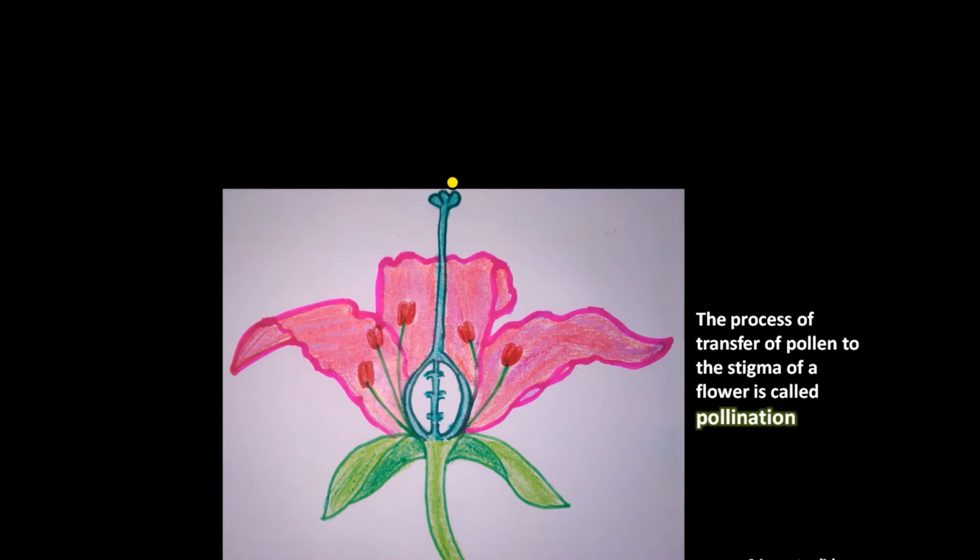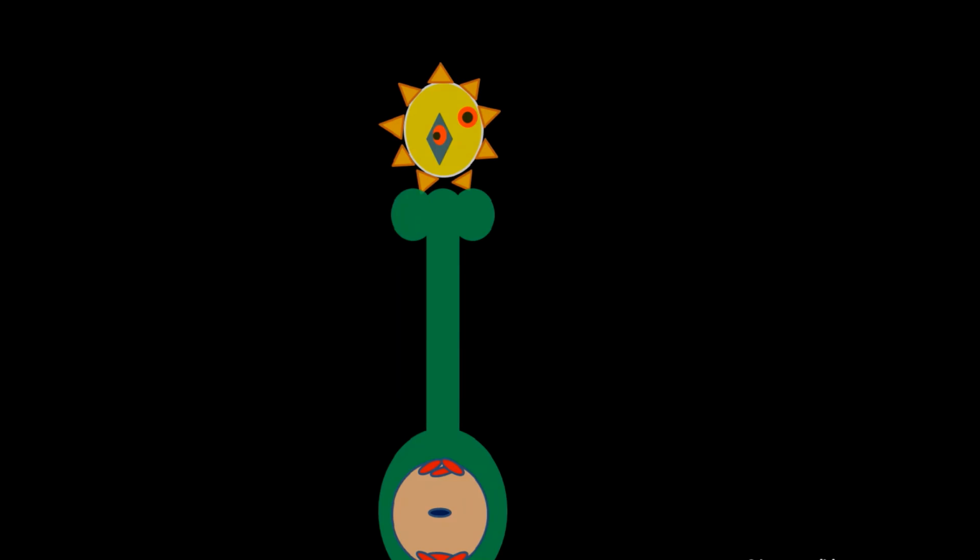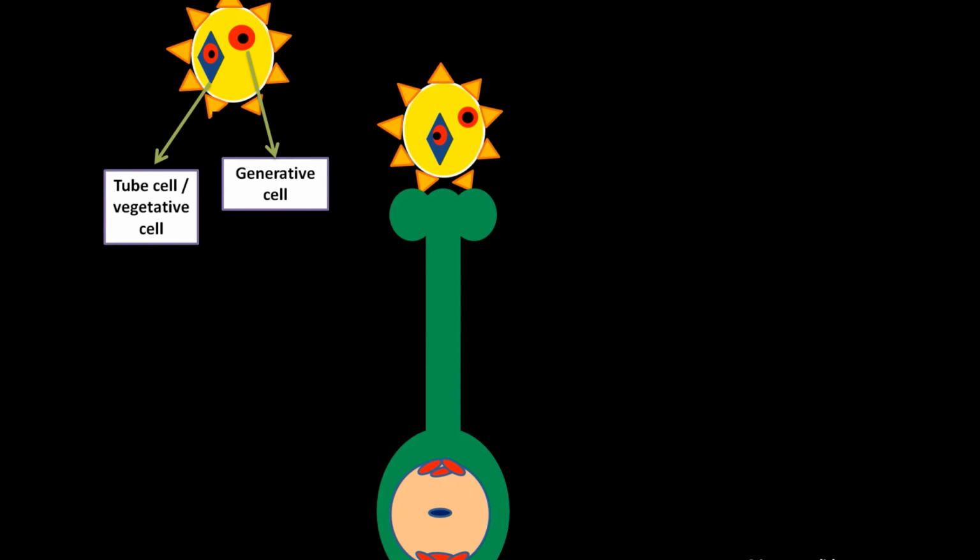This process of transfer of pollen from the bee or from any other source to the stigma of the flower is called pollination. As mentioned previously, the pollen grain has two cells, the tube cell and the generative cell.